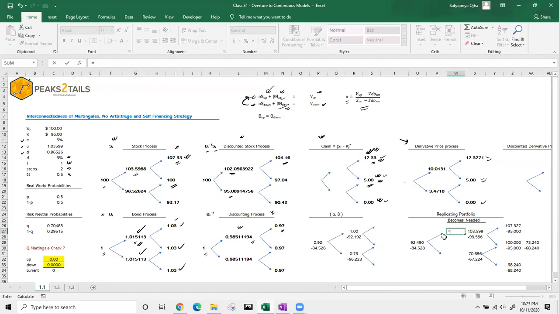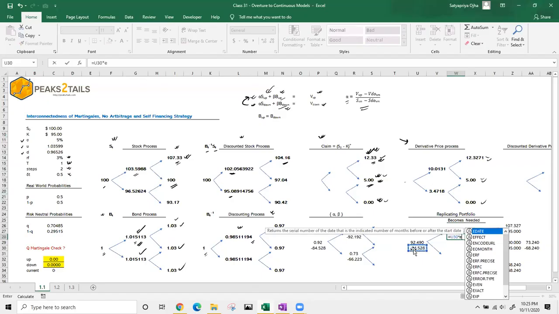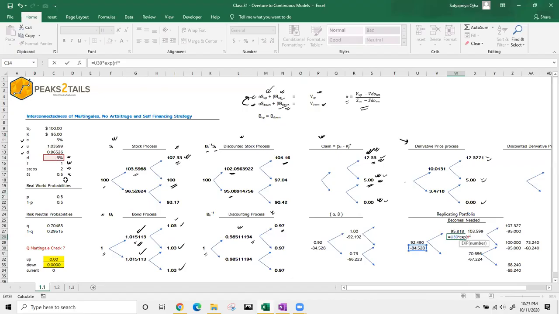So this is equal to, stock will go up and become this, bond will grow at the risk-free rate, R delta T, and in the down state, stock will go down, bond will grow at the risk-free rate.